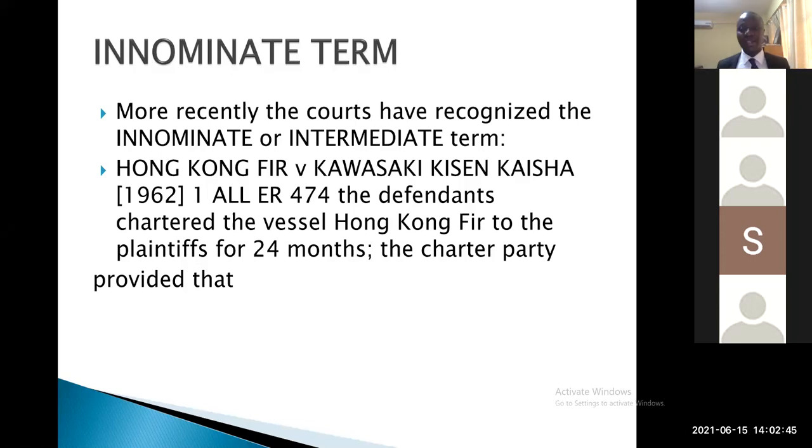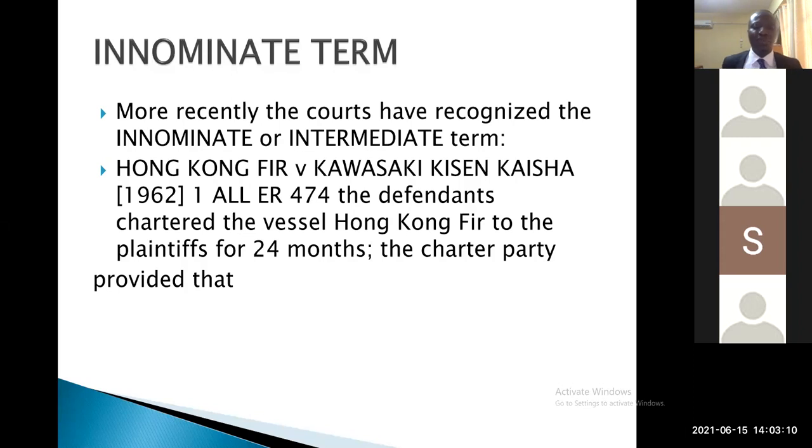Yes, because if you go to the Latin, nomen, nominate means that you can name it. So if it's innominate, it means that it cannot be named. And why can't it be named? It cannot be named because you cannot name it as a condition or a warranty. Intermediate in the sense that it lies in between.